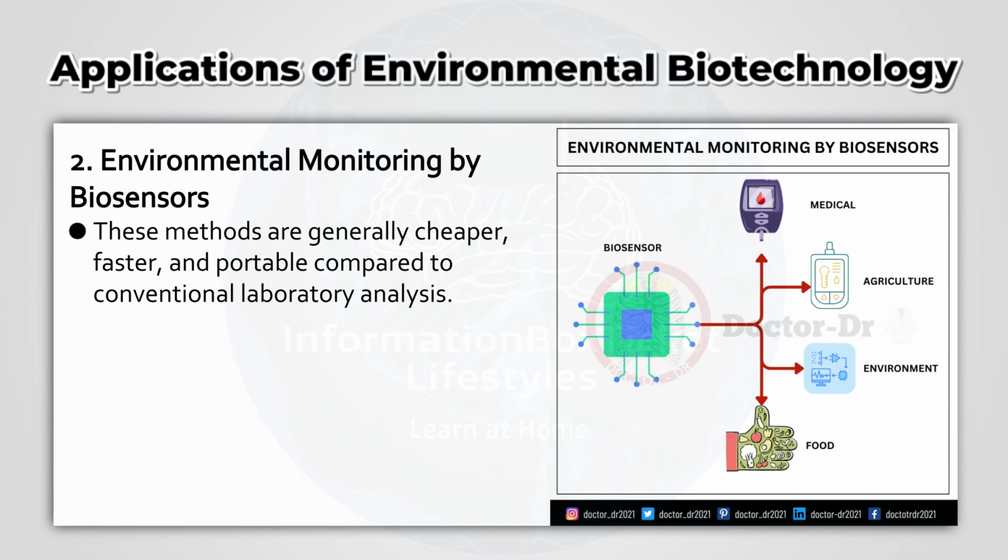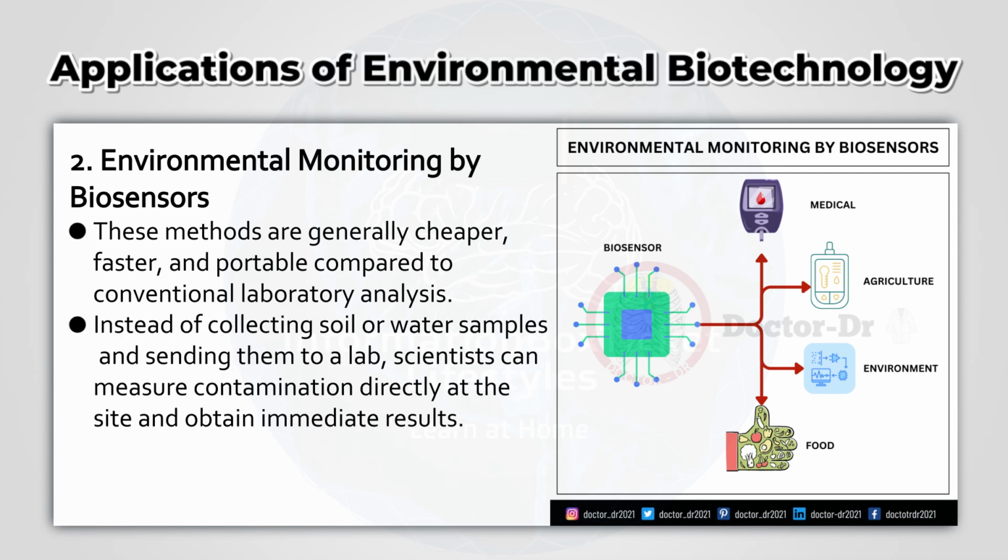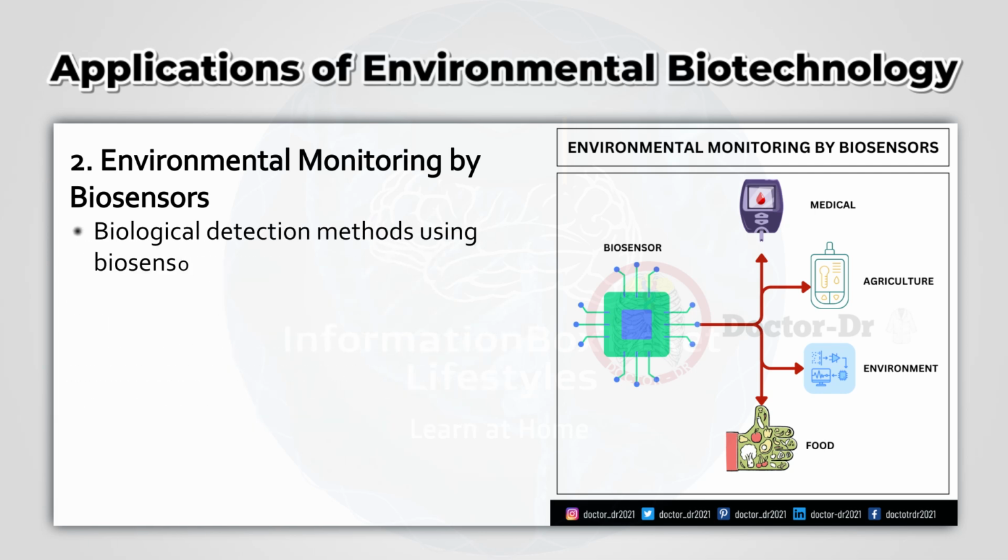These methods are generally cheaper, faster, and portable compared to conventional laboratory analysis. Instead of collecting soil or water samples and sending them to a lab, scientists can measure contamination directly at the site and obtain immediate results.